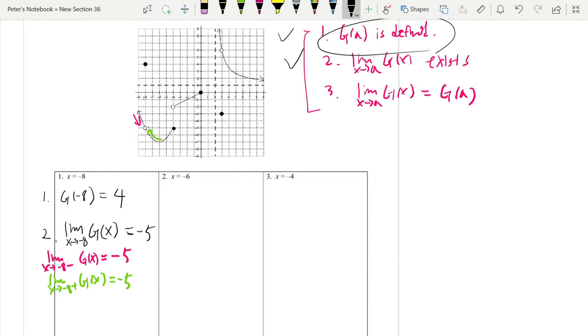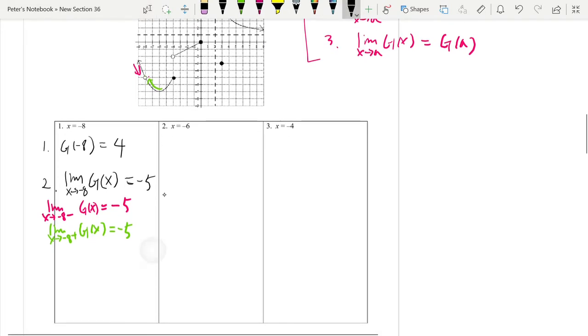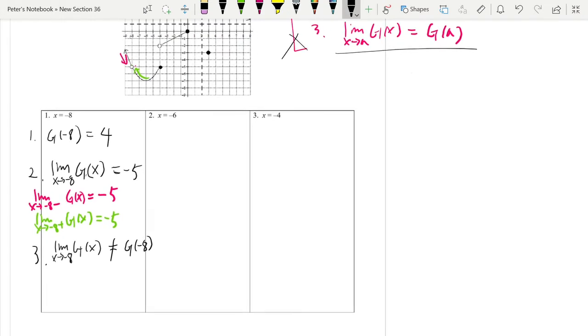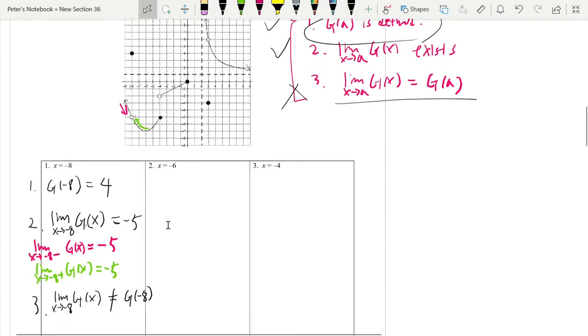Let's check the third condition, the last condition. We need the limit value to equal the defined value. And here, the limit of g of x as x approaches -8 is not equal to g of -8. So it does not satisfy that condition.